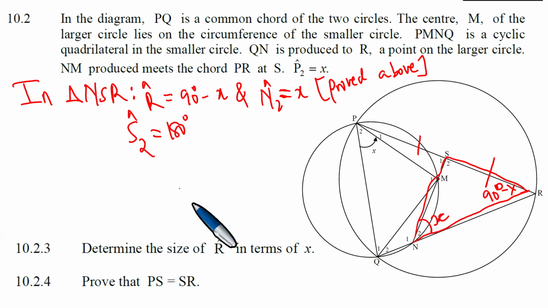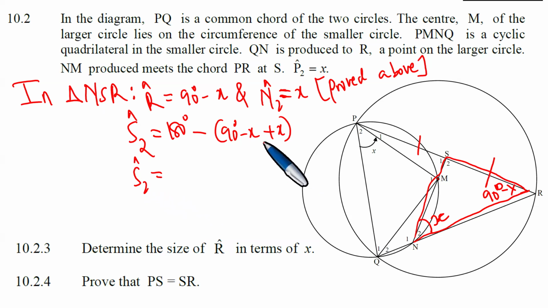But also, just looking at the triangle NSR alone, we can add these together with these and get 180 degrees. So the angle S2 is 180 degrees minus these two angles, X and 90 minus X. So we have angle S2 equals, this is X minus X, which is 0, and then 180 degrees minus 90 degrees is exactly 90 degrees.